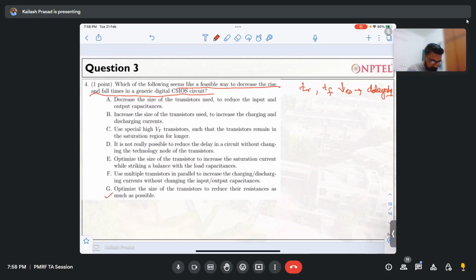Okay, A is there that we have discussed earlier: decrease the size of the transistor to reduce the input and output capacitance. This we have discussed, and this also we have discussed, but these are contradictory statements. This is not the ideal way. So what is the ideal way?